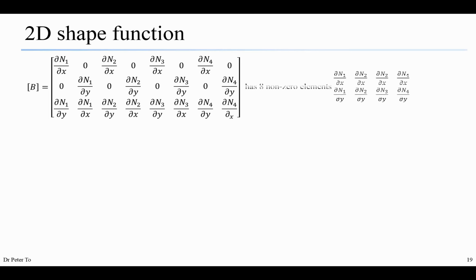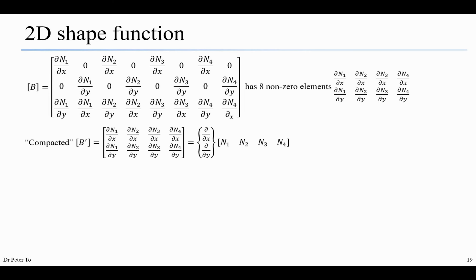It's not easy for computation, so we should remove the zero elements to have a compacted matrix. This one will be easier.